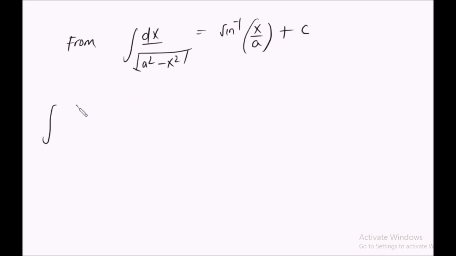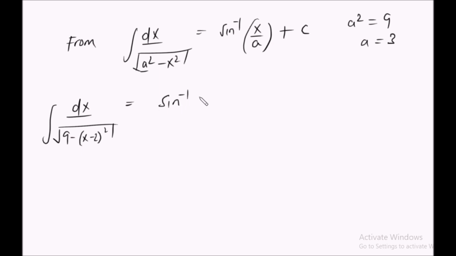So our expression, the square root of 9 minus (x minus 2) squared, will be equal to what? We said a squared is 9, so a is 3, and for x we have replaced it with x minus 2, which is acceptable. So this is just going to be sin inverse of (x minus 2) over 3 plus c.